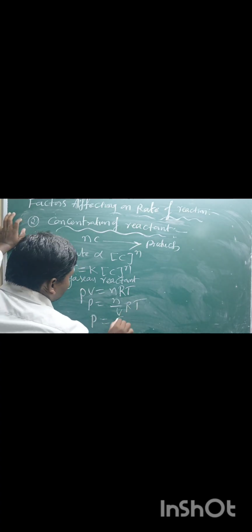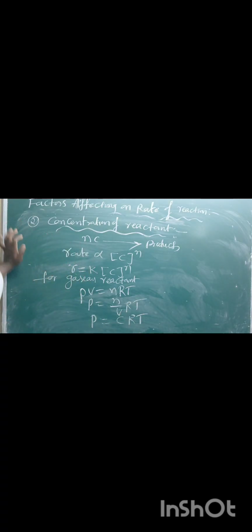So P equals n by V RT, where P equals CRT. Here R and T are constants, so P is directly proportional to C. Already you know C is directly proportional to rate, so rate is directly proportional to P to the power n for gaseous reactants.